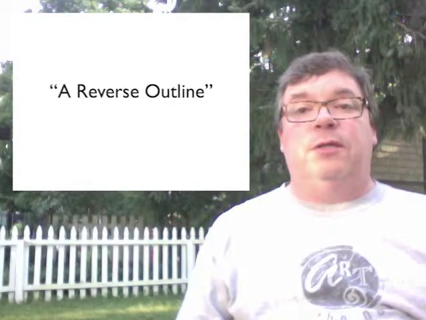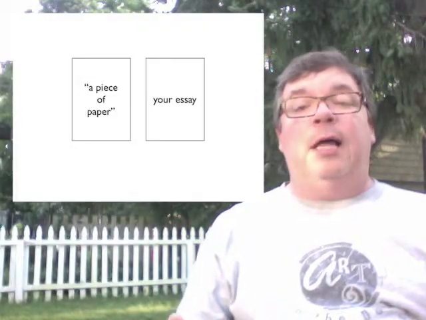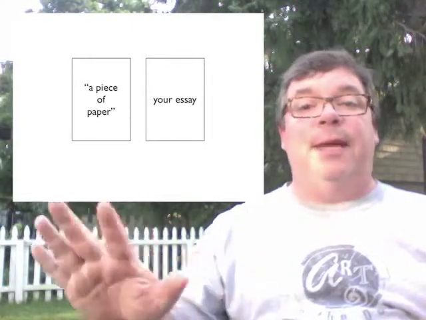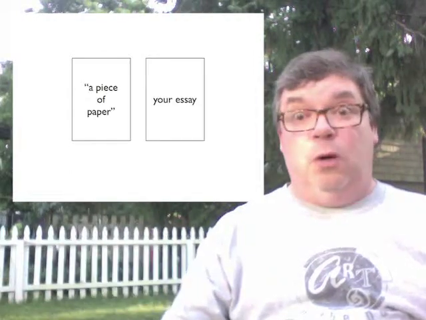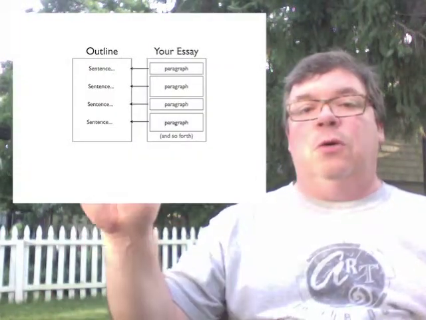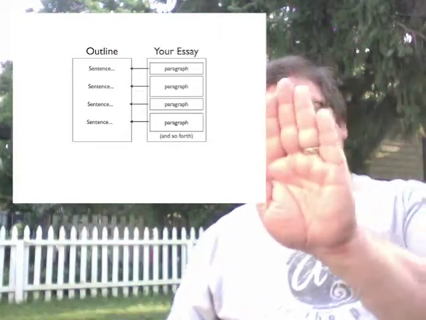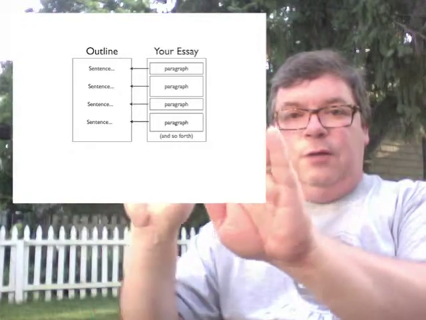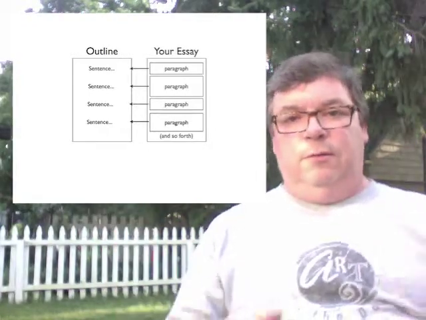First thing you want to do is take out a sheet of paper, and on this sheet of paper, start making an outline based on the essay that you wrote, not the essay that you plan to write, but the essay that you actually wrote. So put your essay over here, and your outline over here. So you have two different things going on there. You'll see what I mean.